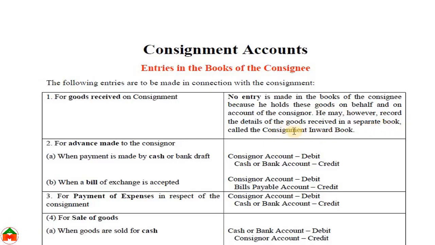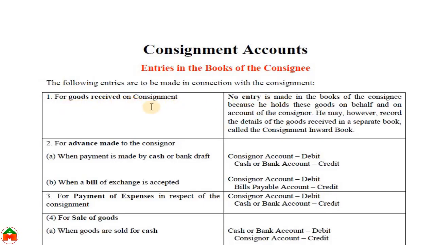It's one kind of record to understand the total received amount of goods or products from the consignor. But there is no need to make any journal entry at the time of receiving the goods from the consignor.